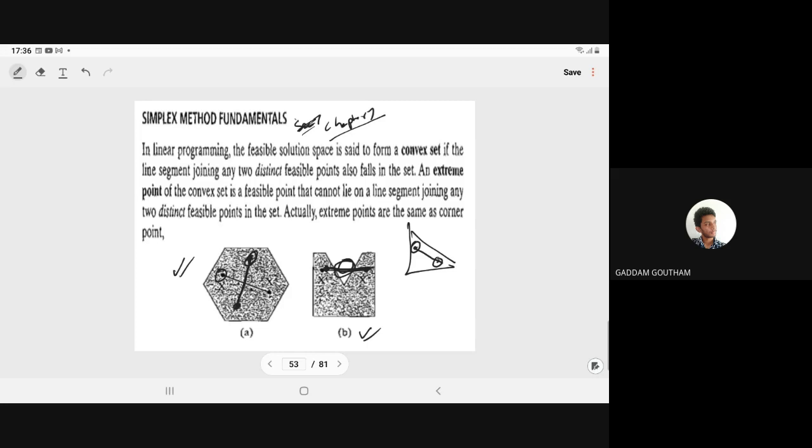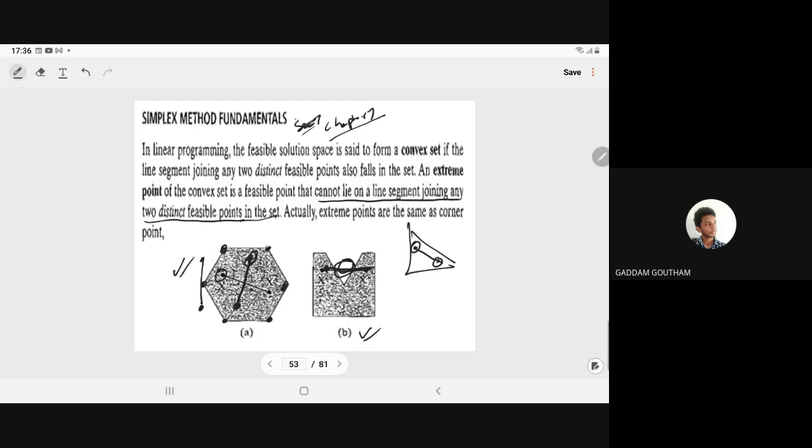Then we have an extreme point of the convex set. An extreme point of the convex set is a feasible point that cannot lie on the line segment joining two distinct feasible points in the set. All are feasible points, but this extreme point never lies on the joining of two feasible points.